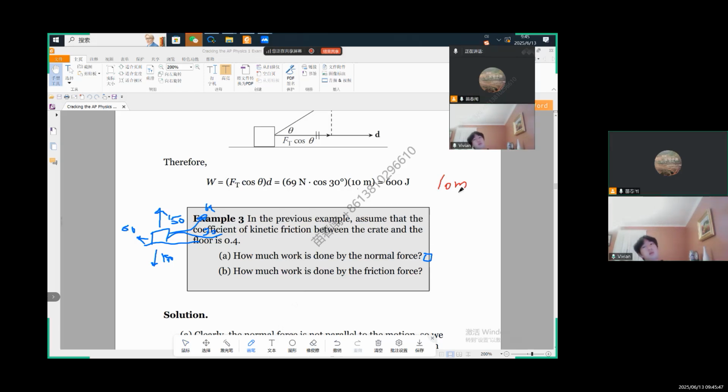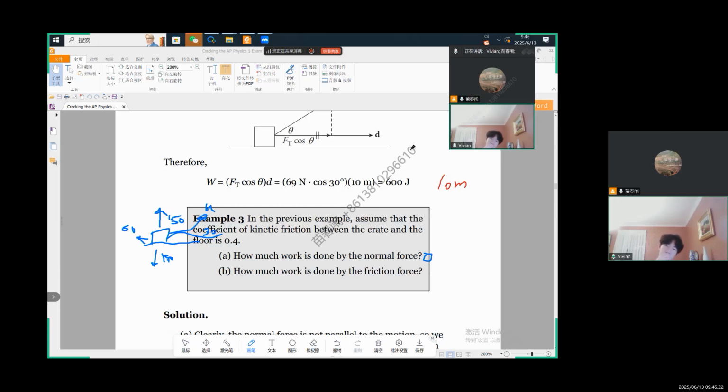Probably have to draw more energy. It would take more work with friction, so that means friction does negative work, right? Yeah, negative work, stopping that, trying to prevent it from moving. Negative 600 joules.